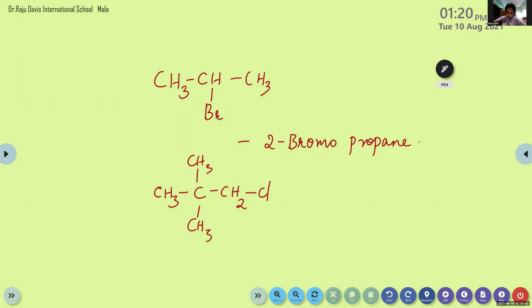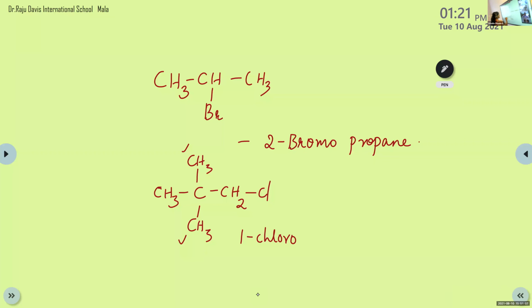1 chloro. Yeah, 1 chloro. Then propane. Then what about these two groups? These are also substituents. So 1 chloro. Then this is the main chain, right? So these two are considered as substituents. 1 chloro, 2, 2 dimethyl propane.